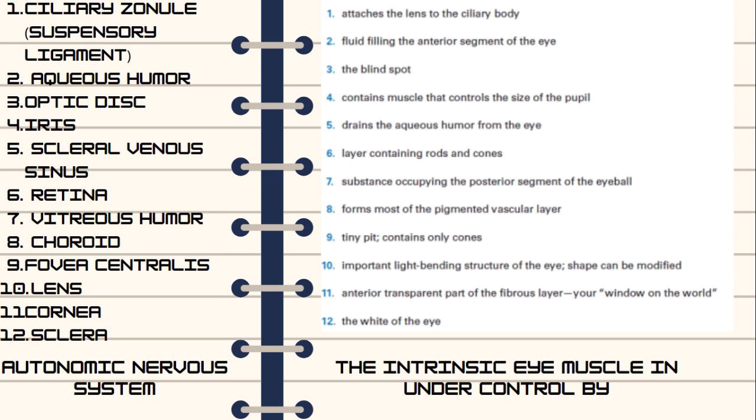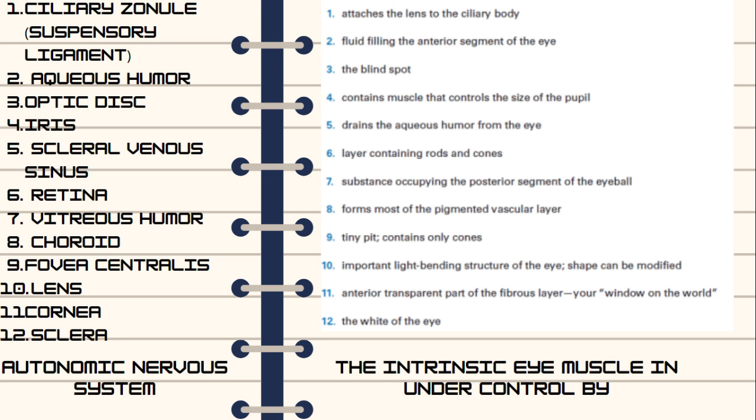Number 1. Attach the lens to the ciliary body. Our answer is ciliary zonule or suspensory ligament. Number 2. Fluid filling the anterior segment of the eye. Aqueous humor. Number 3. The blind spot, optic disc. Number 4. Contains muscle that controls the size of the pupil.